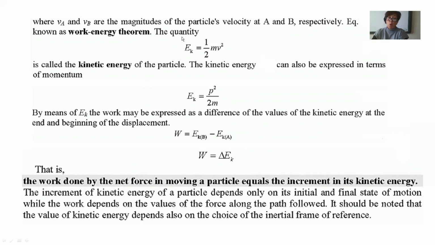The quantity one half m v squared is called the kinetic energy of the particle. The kinetic energy may also be written in a second formula, using the momentum, mass multiplied by velocity.